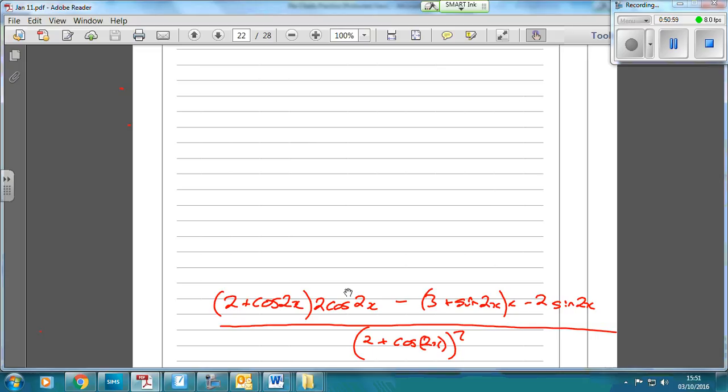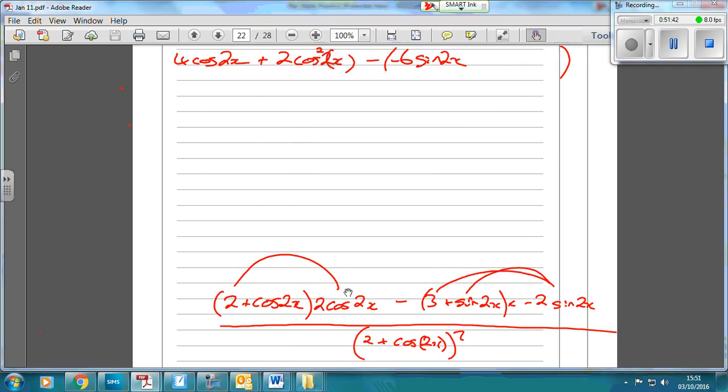So multiply this by that, and that's going to be 4 cos 2x plus 2 cos 2x times cos 2x, that's going to be 2 cos squared 2x, minus, I'm going to stick all this in brackets, so that times that is going to be minus 6 sine 2x.